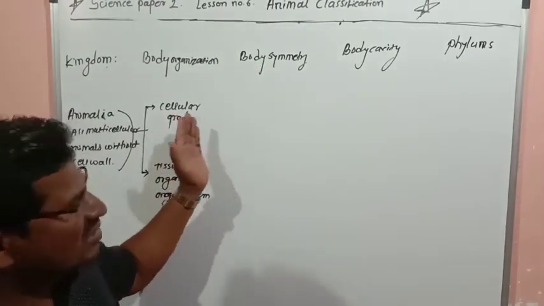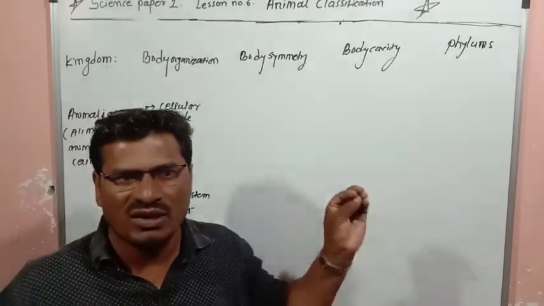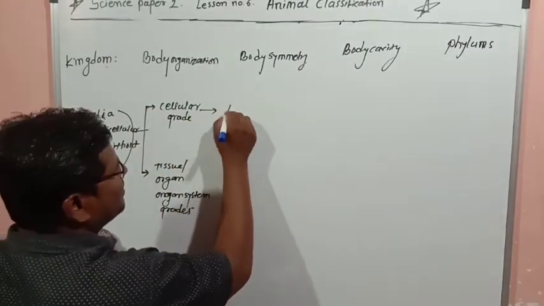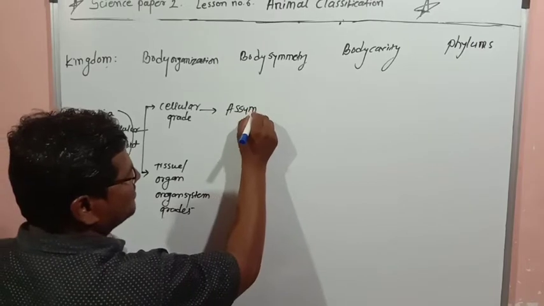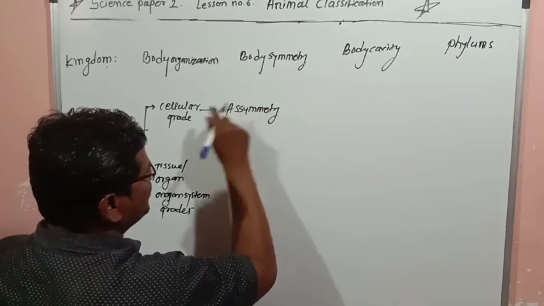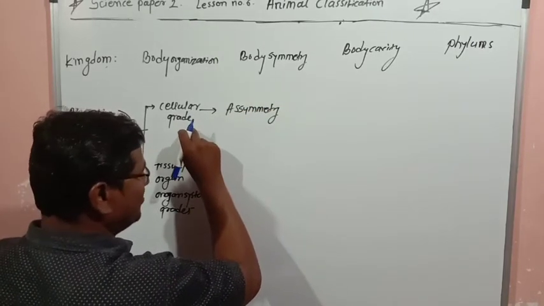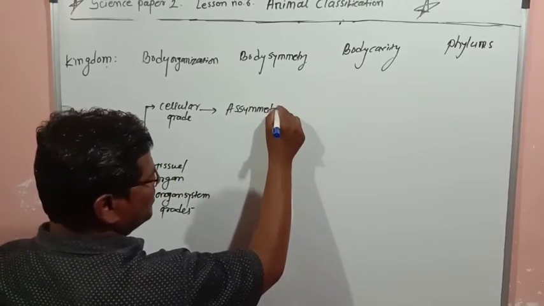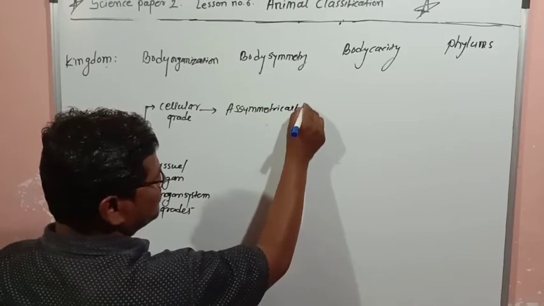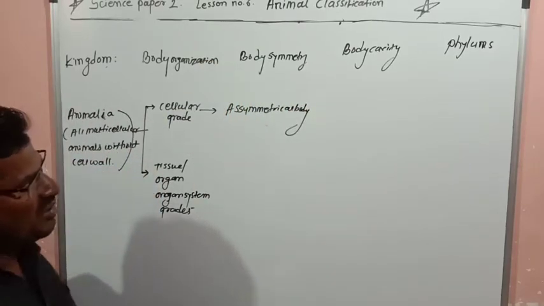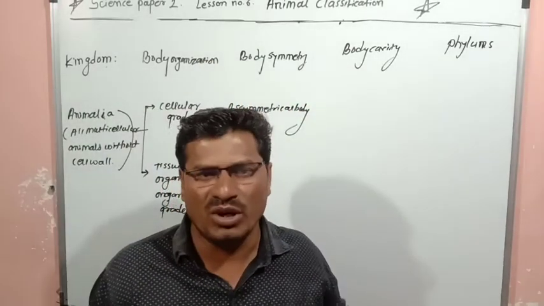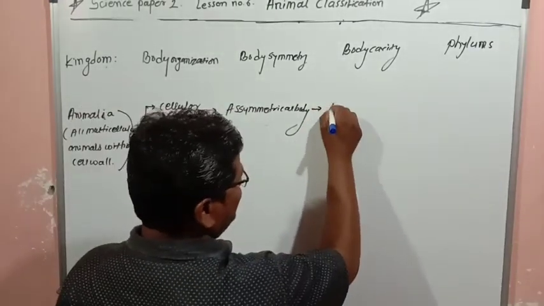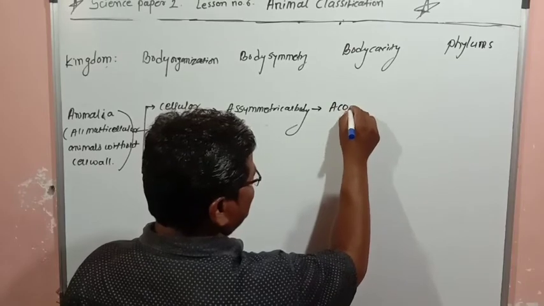In the cellular grade of organization, the body is asymmetrical. The body of these animals is asymmetrical. After that, body cavity: the body is acoelomate, not having a body cavity.